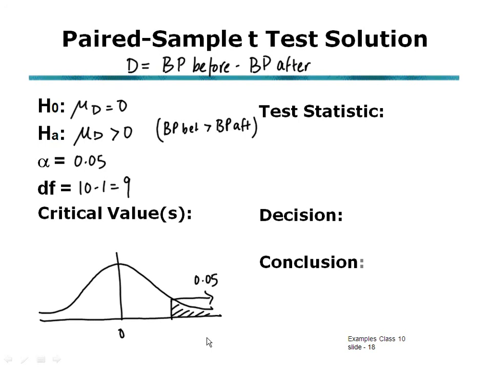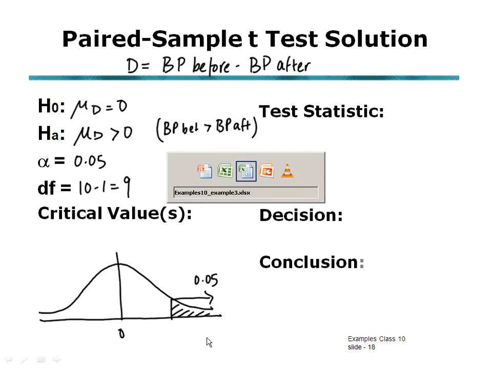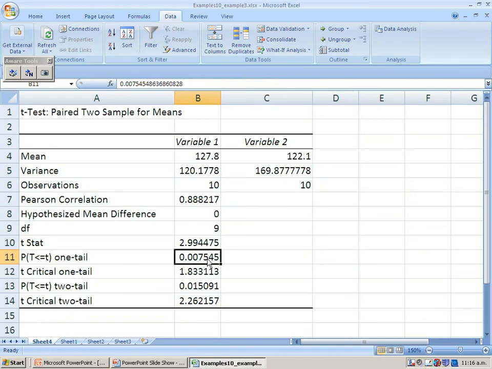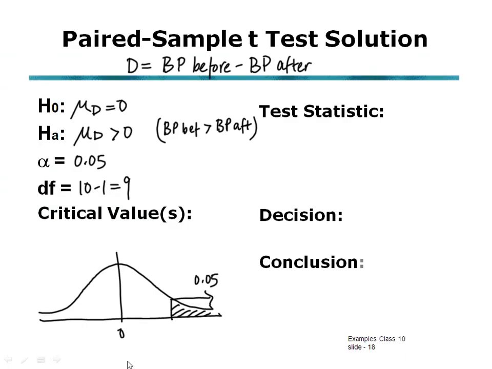If we'd used Excel to get TINV, we would be using the one-tailed critical value, which we can see from our Excel file was 1.833. So we'll write 1.833 for the critical T value.